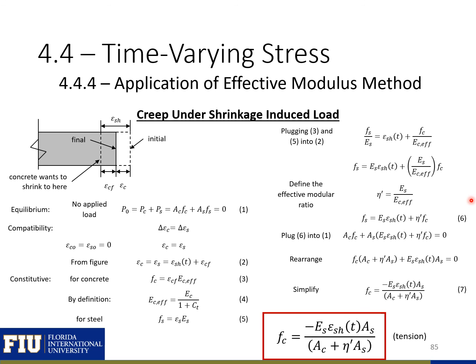You can pause this presentation if you want to take a closer look, but the things to highlight are we're using again our effective modular ratio with EC effective, which takes into account our creep. And here you can see our force that's driving our stress is our ES times our shrinkage strain times the area of our steel. And note the negative sign denotes that this is causing a tension in our concrete.